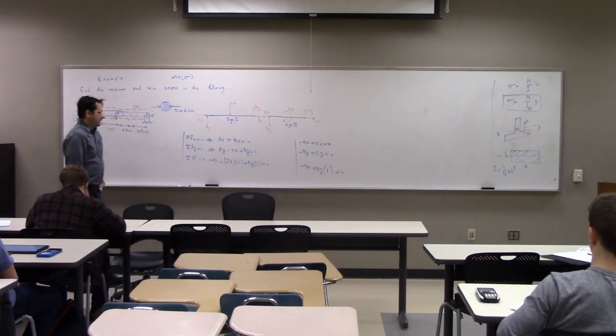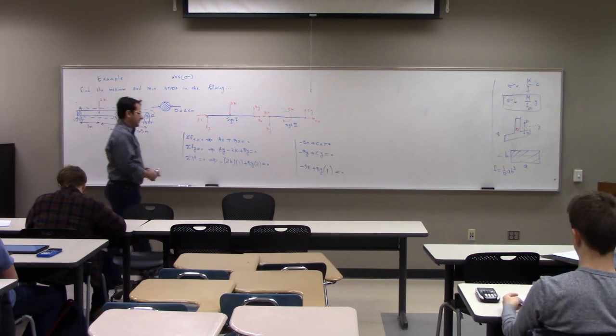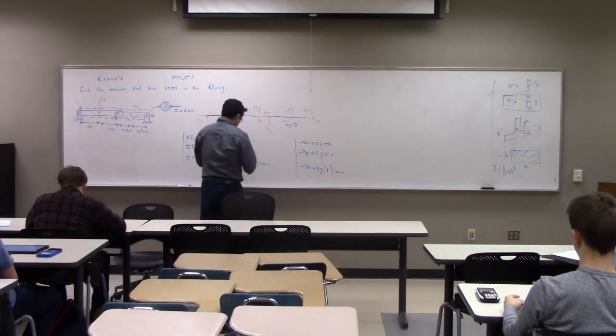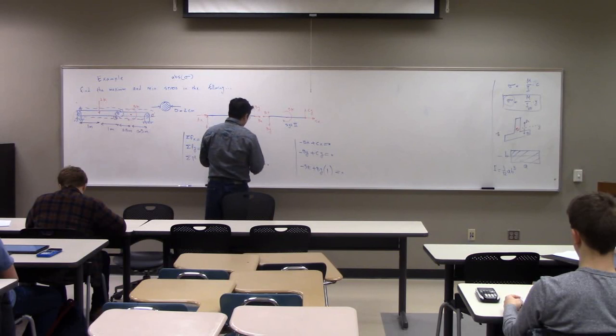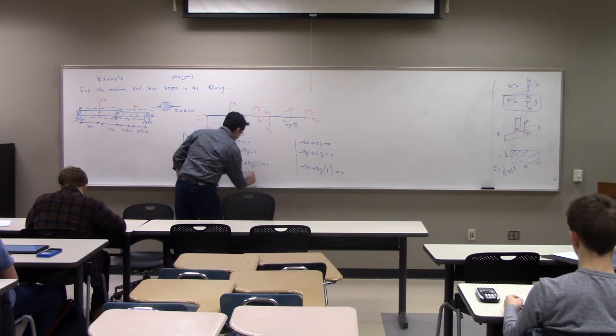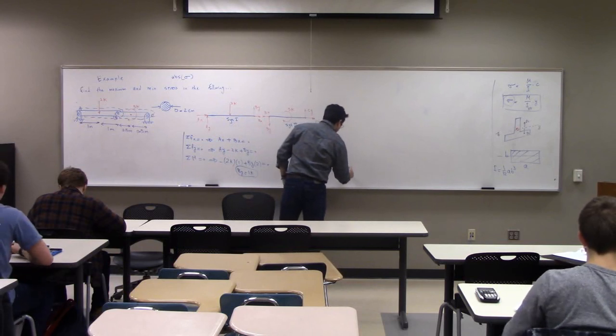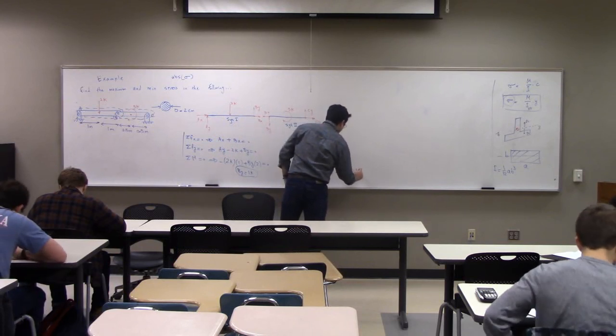So you get BY is equal to 1K, right? That's an inconsistency because BY should be exactly equal. BY here is equal to 1K, and BY here is equal to 5K.